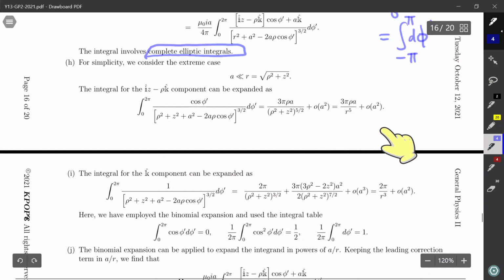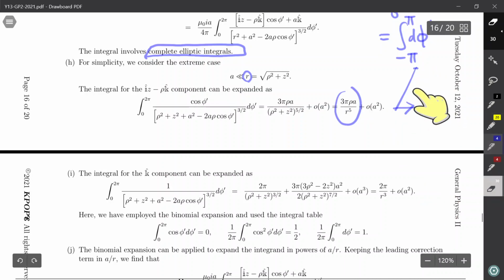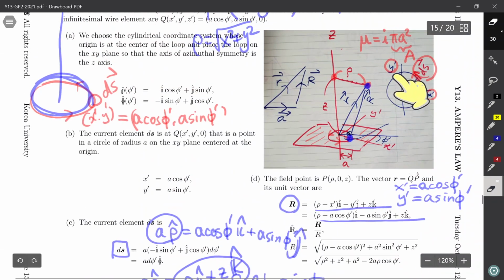The results for the integrals are given here, where capital R is connecting the source and field point, and small r vector connects the center to the field point.